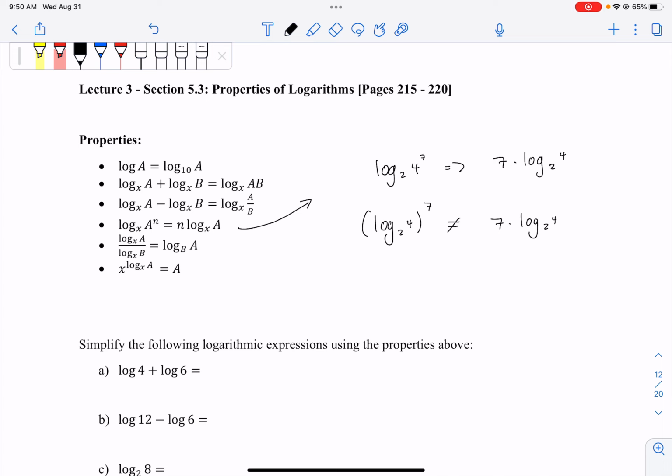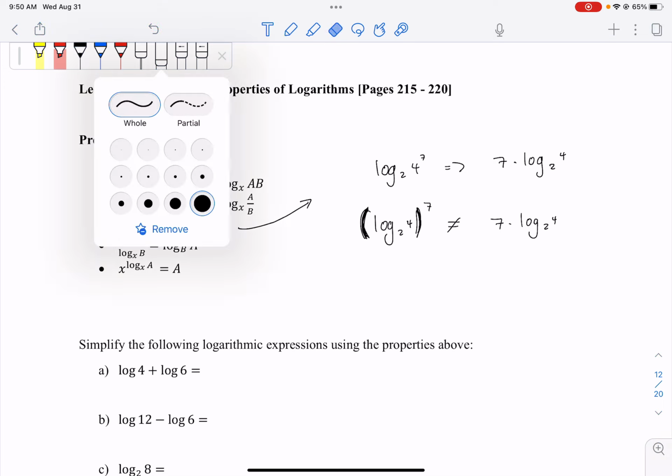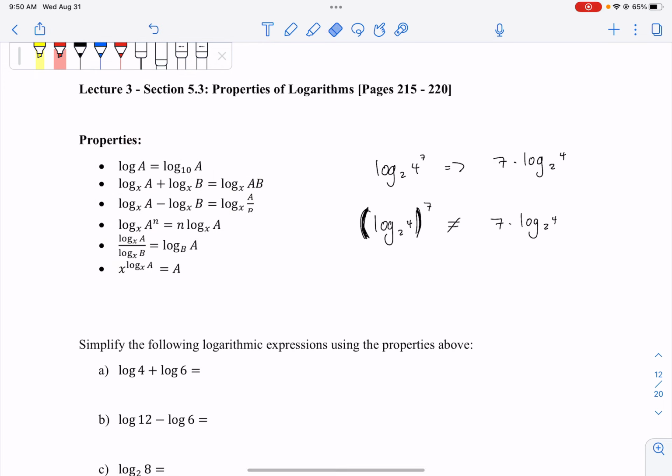This is the thing most people make a mistake on. If there's no brackets around the entire log excluding the exponent, then you can take the exponent down here. But see how there's a bracket here excluding that exponent? We cannot bring this to the left. You can have a rewatch there if that doesn't make any sense, and just to really fully understand that.